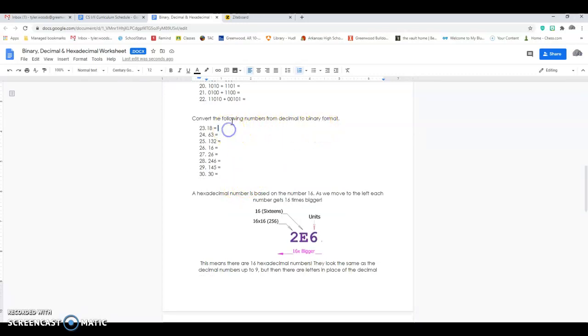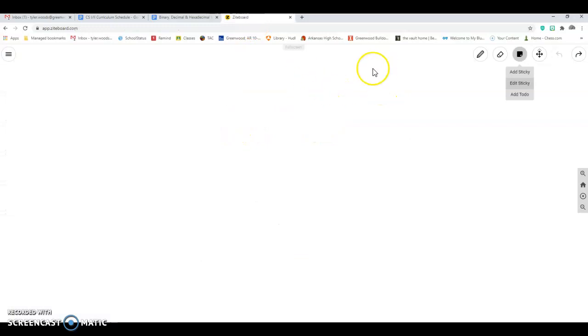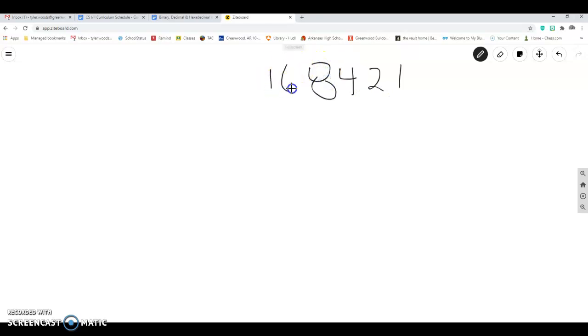So if I had 18, what I'd want to do is put my key at the top of my board now. So I'd go 1, 2, 4, 8, 16. Just keep doubling. 32, 64, 128.